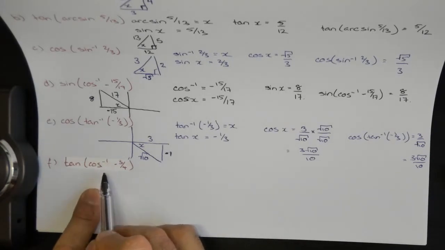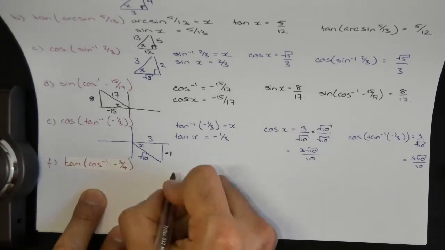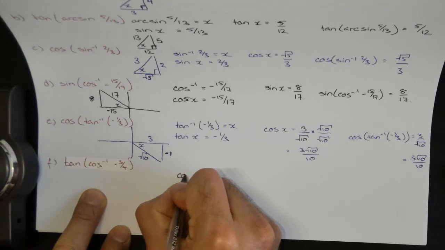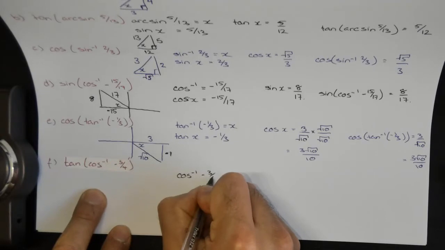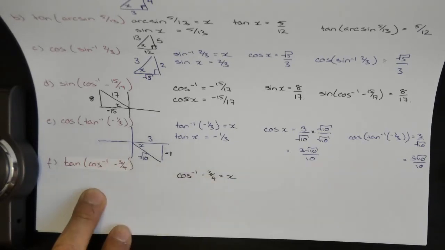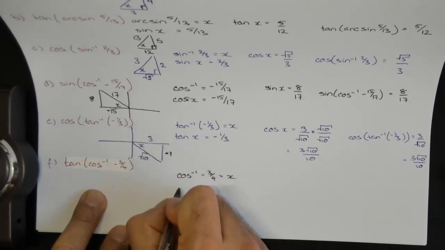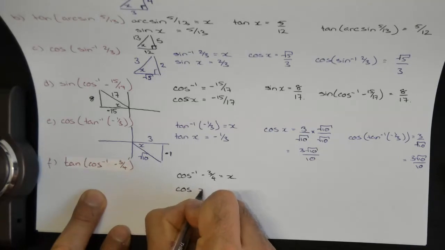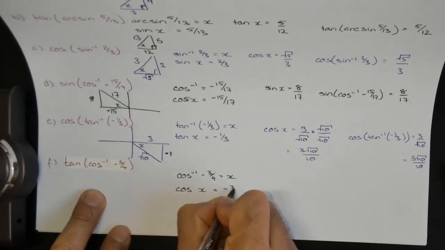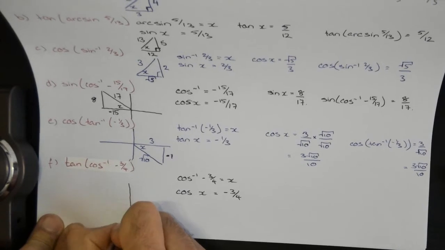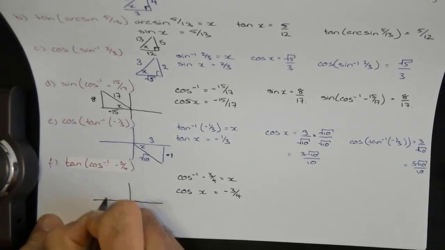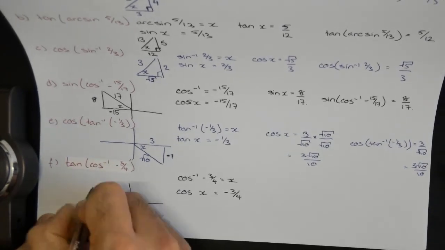Last one for this example, we've got tan of cos inverse of negative 3/4 equals x. Okay, so that actually means that cos of x has to be negative 3/4. So it's in the second quadrant.